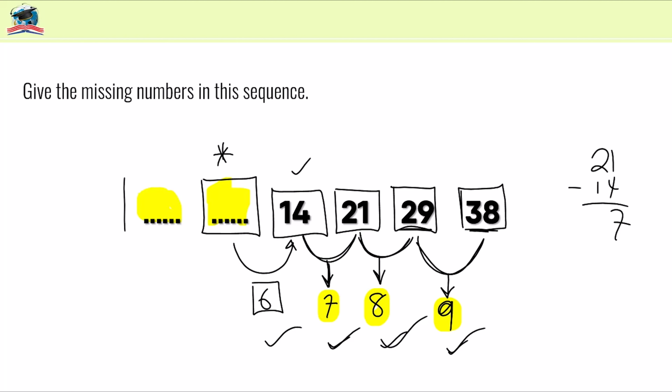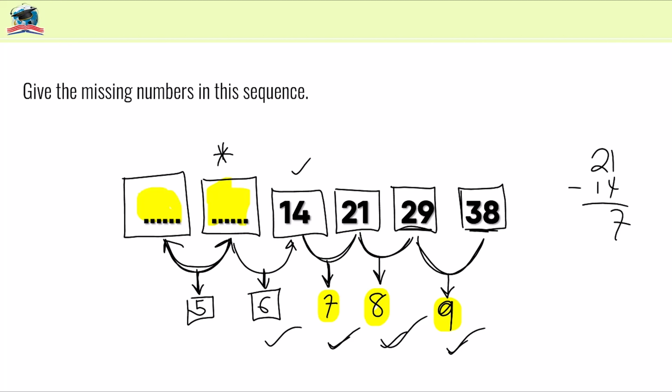And then between these two should be 5. There should be an arrow here. Okay, let's make it consistent. This should be 6 there.